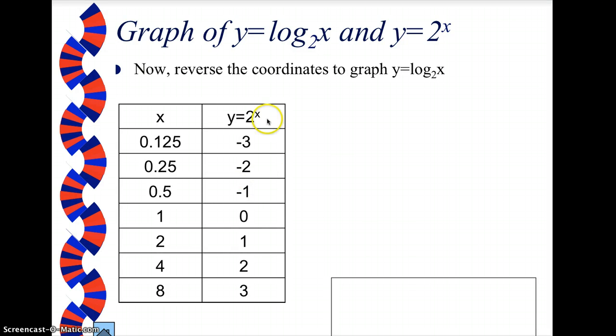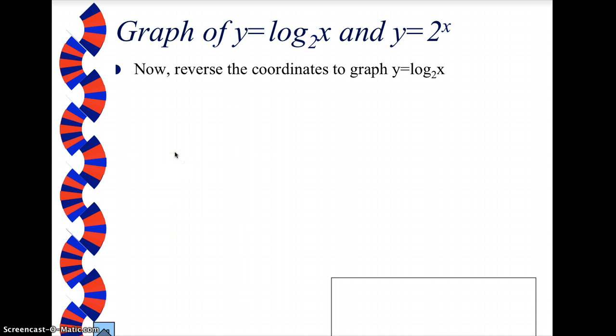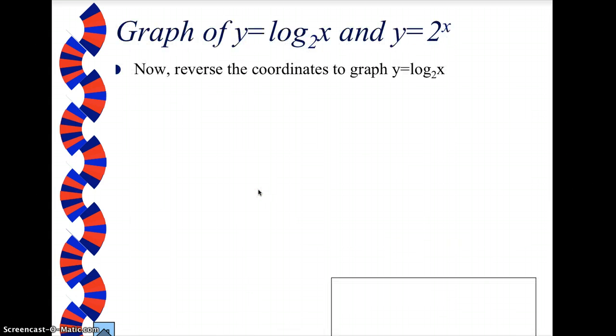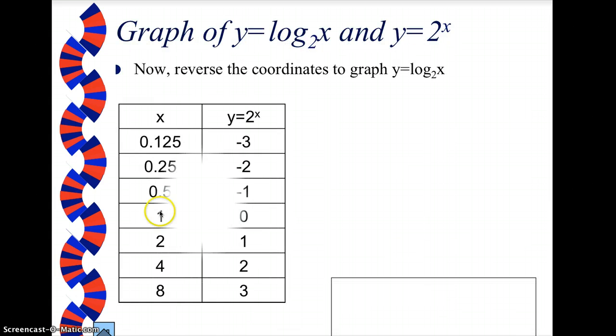Now, we're going to use the values of y from the other slide. I'm going back here. This is what I'm talking about. Starting from 0.125, 0.25, 0.5, 1, 2, 4, 8, you will get the reverse.